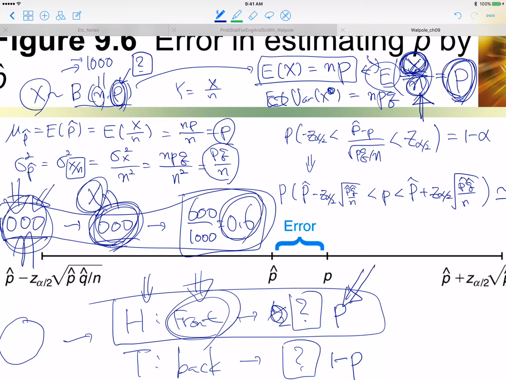In that case, if n goes to infinity, a really large number, the binomial random variable's probability distribution will be approximately the same as a Gaussian distribution, right?